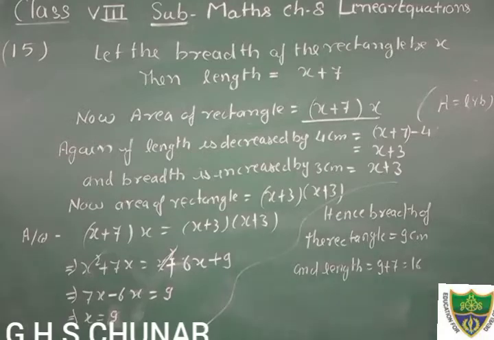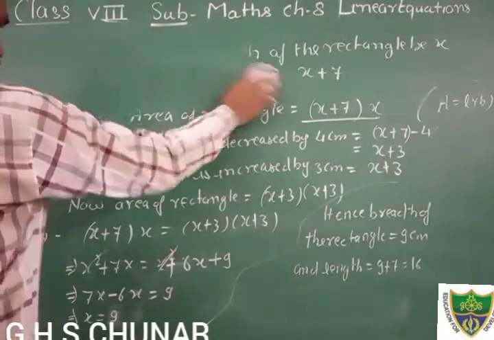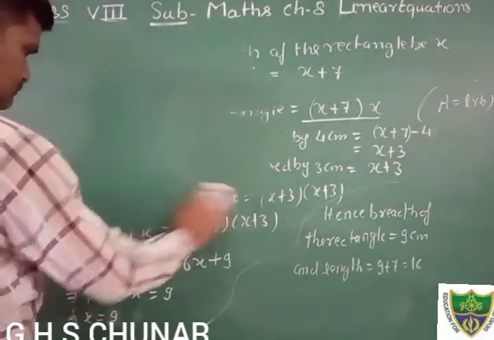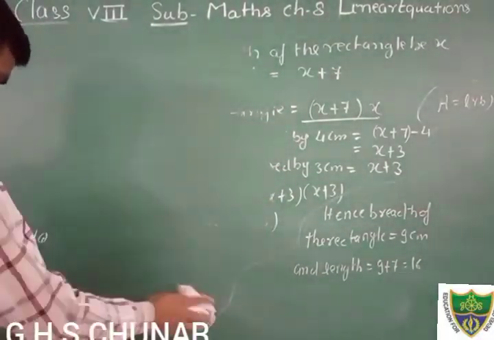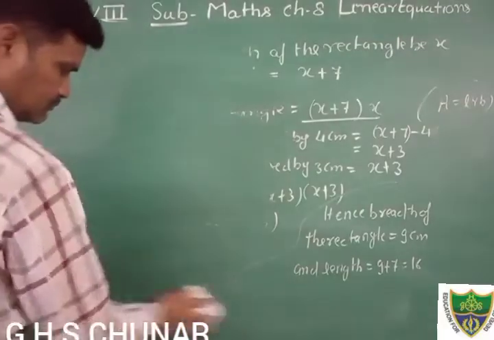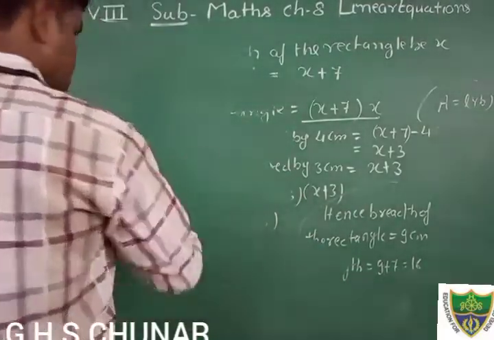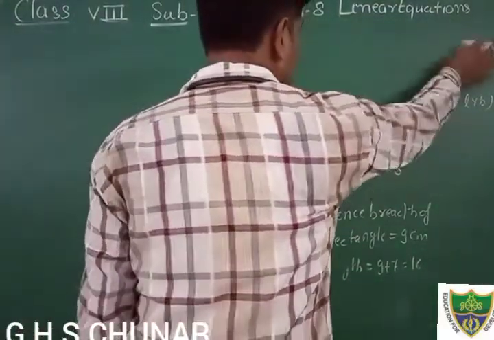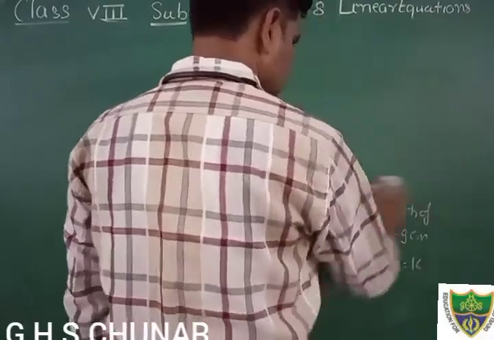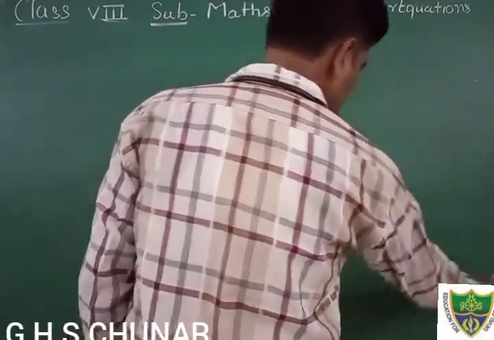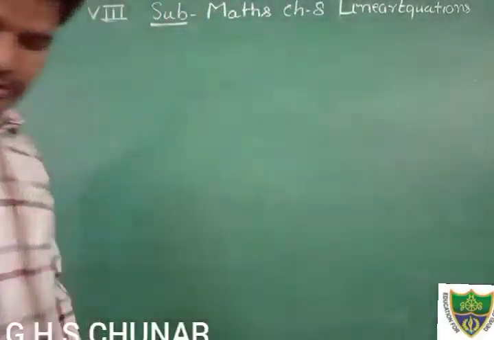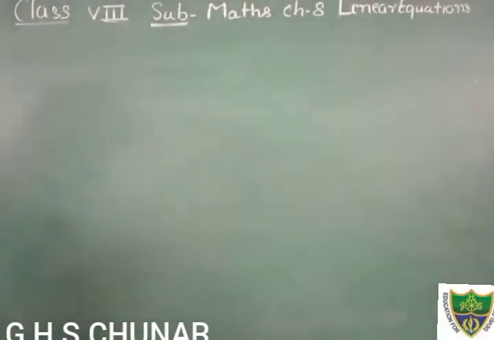Now we come to question number 16. In question number 16, it is given that the width of a rectangle is 2/3 of its length.